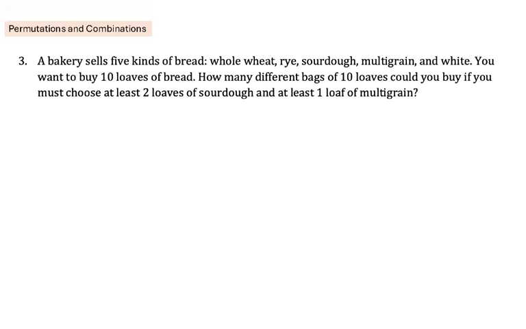Okay, this question, a bakery sells 5 kinds of bread. So n, remember, is the number of different types of things I can choose. I want to buy 10 loaves of bread, so I'm going to choose 10. However, it says we must choose at least 2 loaves of sourdough and 1 loaf of multigrain.